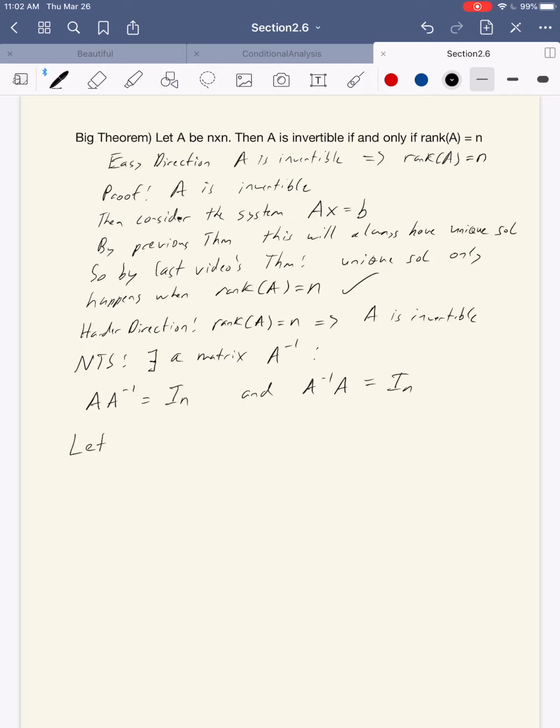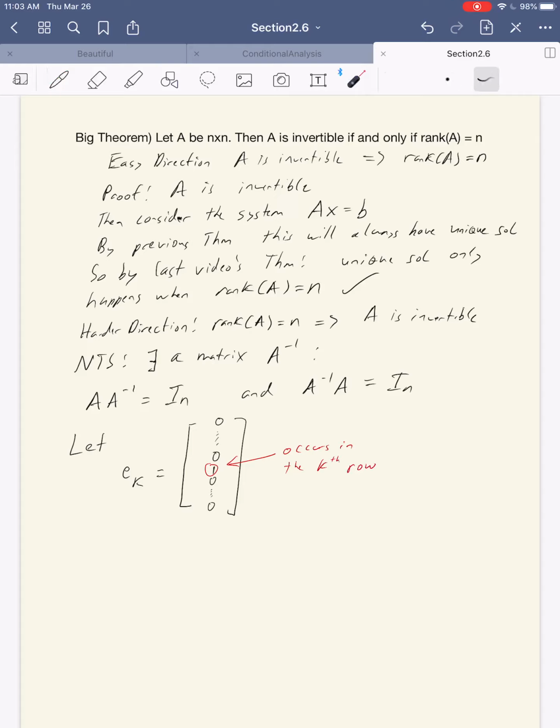So we're going to let E sub k equal this column vector: 0, 0, dot, dot, dot, 0. Let me give it a little more space to write this out. To set up some notation, E sub k is this: 0, down to 0, and then a 1, and then 0, down to zeros, where this 1 occurs in the kth row.